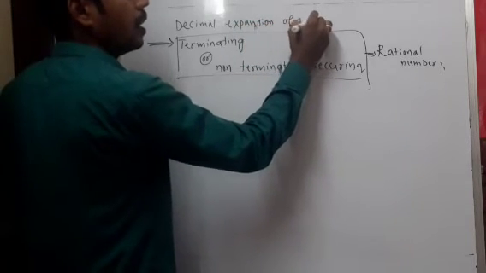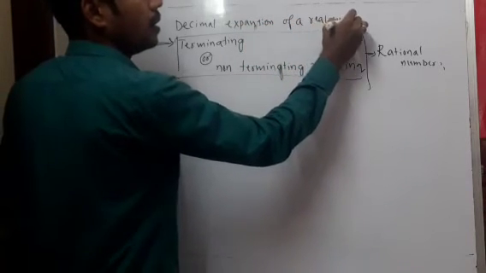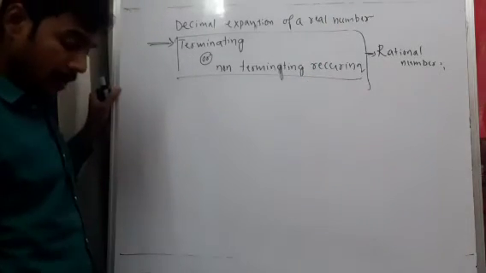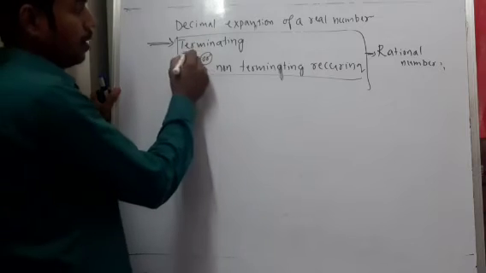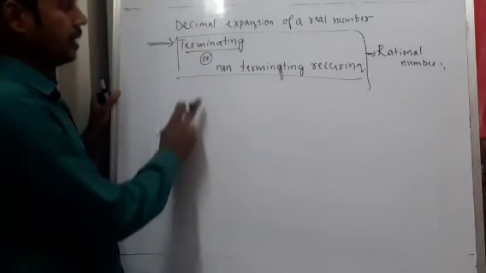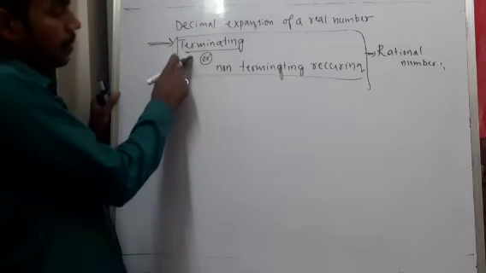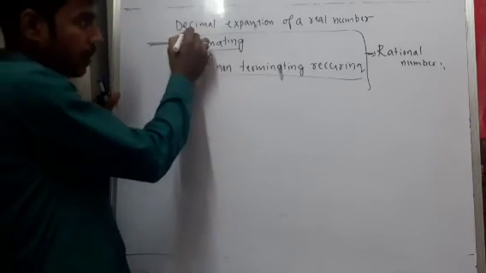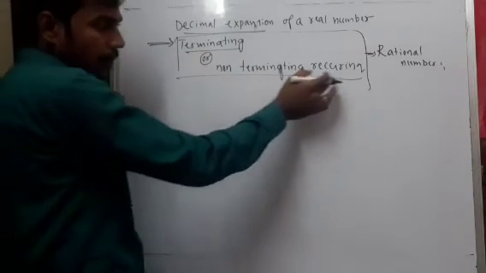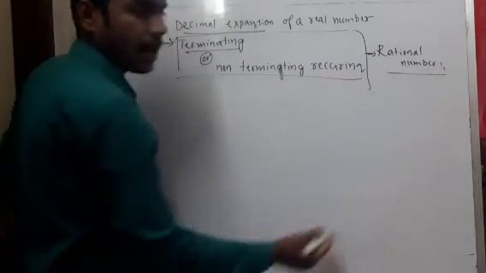We are talking about the decimal expansion of a real number. If the decimal expansion of a real number is terminating or non-terminating recurring, we'll call it a rational number.